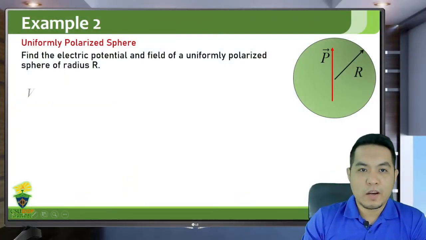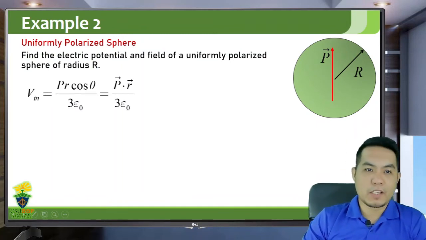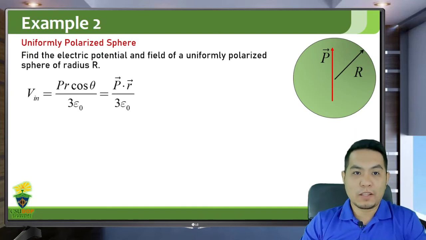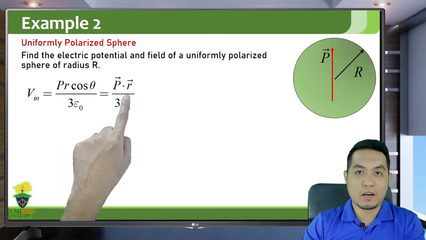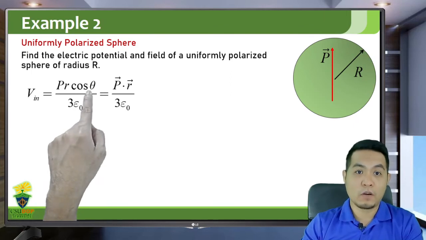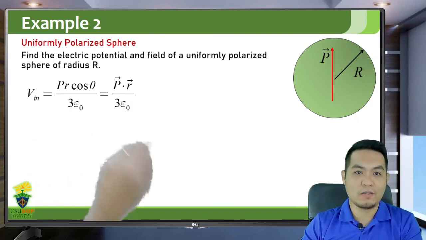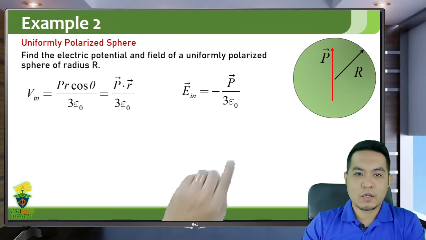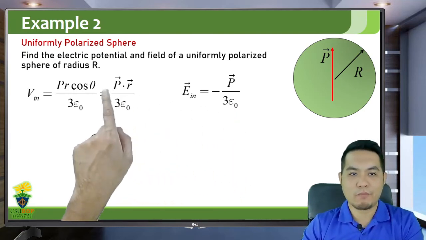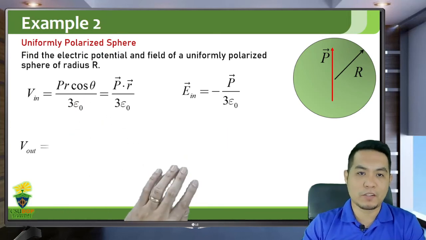To summarize this problem, this is the potential inside. I can also write the potential as P dot R, since P R cosine theta is just the definition of the dot product between P and R. So this is the electric field inside. You can get this by taking the negative gradient of this potential.